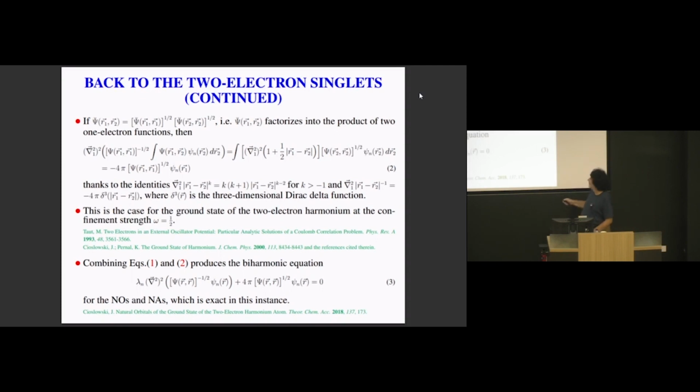Well, first of all, we should ask the question, what happens in general? Well, it turns out that if those natural orbitals have oscillations and the number of oscillations increases with n, what is missed in this equation decays faster with n than what is left here. Okay, so we can replace this equation with something.